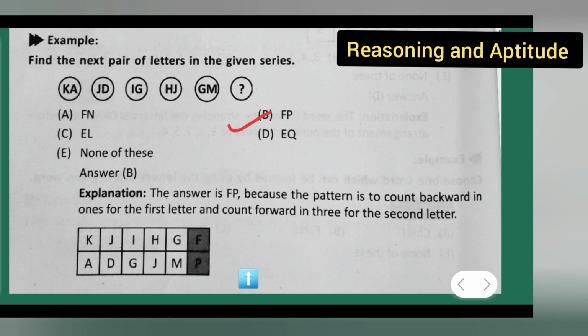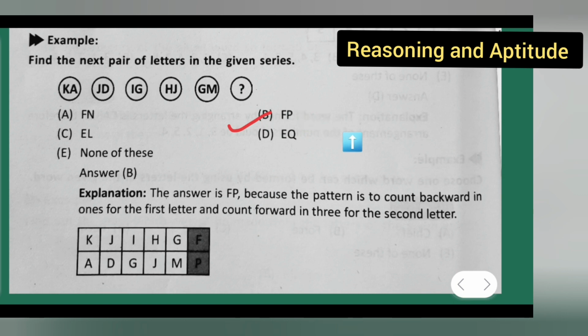So we count forward in 3 for the second letters: leave N, O, and then P will come. So here F and P is the correct option.